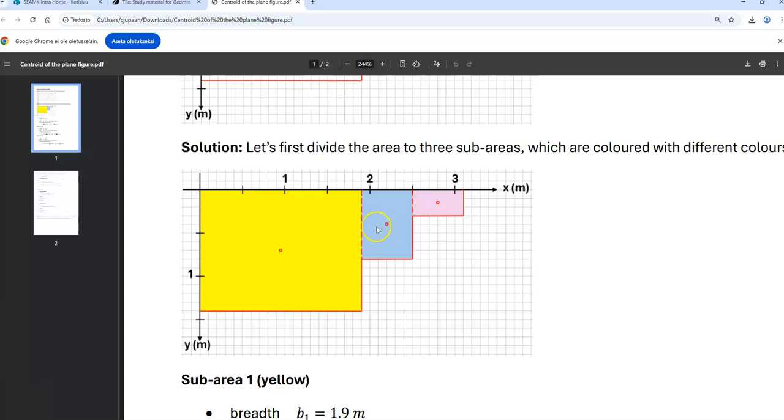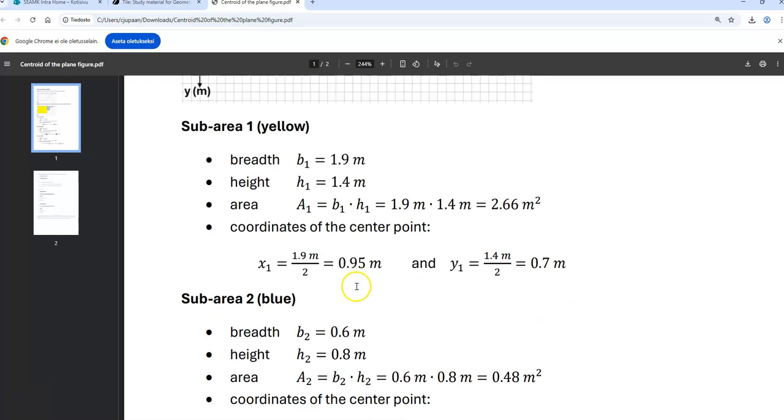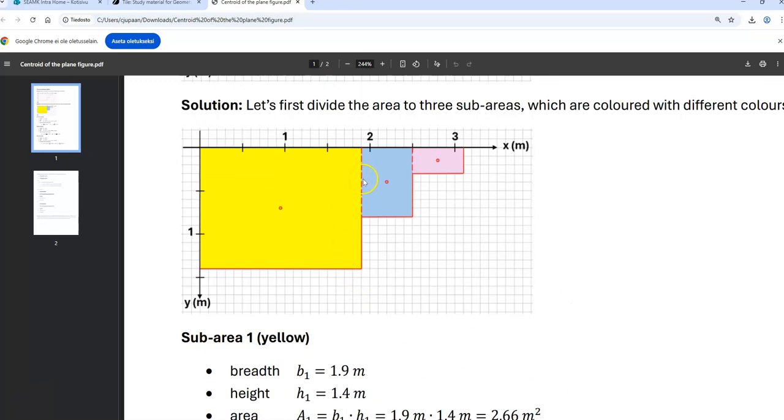You can't get it just by dividing the breadth of the figure by 2, because this figure is not touching the vertical axis there. As you see here, it is not simple dividing by 2, but we have to take first 1.9 meters to find the place of the point on the left-hand side of this blue figure.